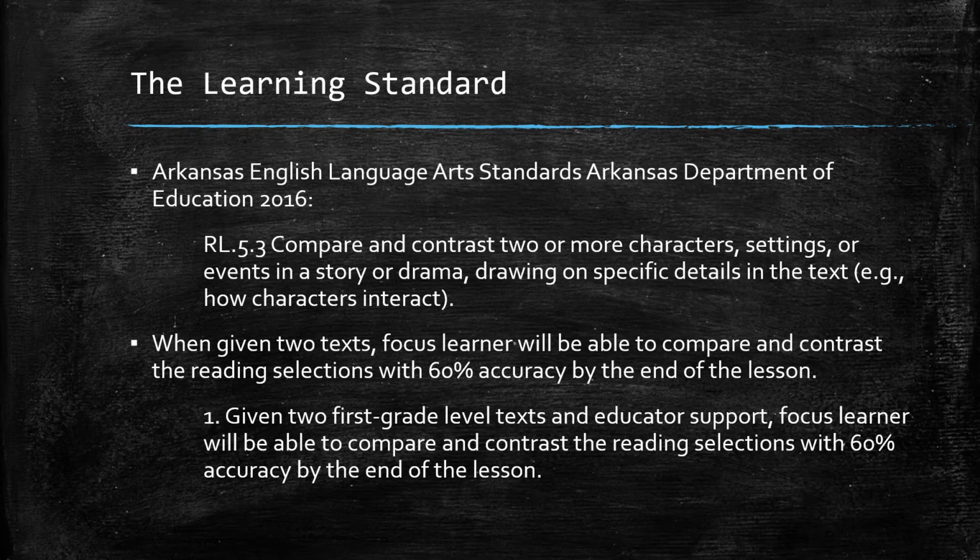So for our focus student, for her goal, when given 2 texts, the focus learner will be able to compare and contrast the reading selections with 60% accuracy by the end of the lesson. For her objective, given 2 first grade level texts and educator support, the focus learner will be able to compare and contrast the reading selections with 60% accuracy by the end of the lesson.